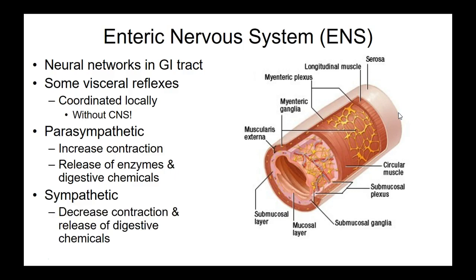So we're decreasing contraction and release of digestive chemicals, right? So here, under normal circumstances, generally for a lot of these viscera the dominant tone is going to be parasympathetic, right? Okay, so when we talk about tone, it's about what's dominant most of the time, sympathetic or parasympathetic, okay?